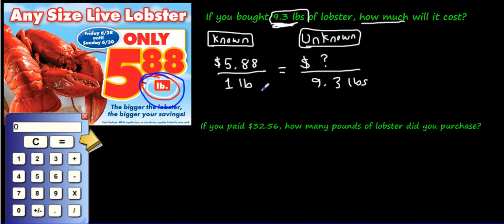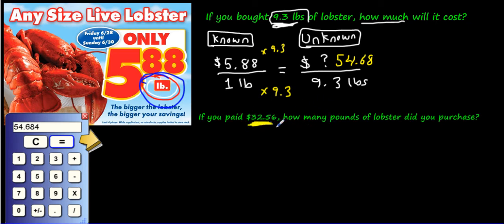Right, we times it by 9.3. So we times the numerator by 9.3. And we get 5.88 multiplied by 9.3, 54.68. So $54.68 for 9.3 pounds.